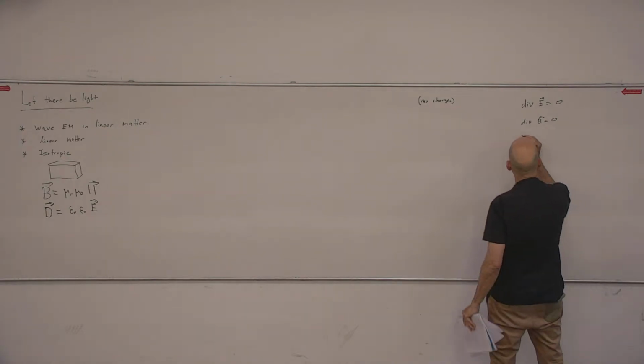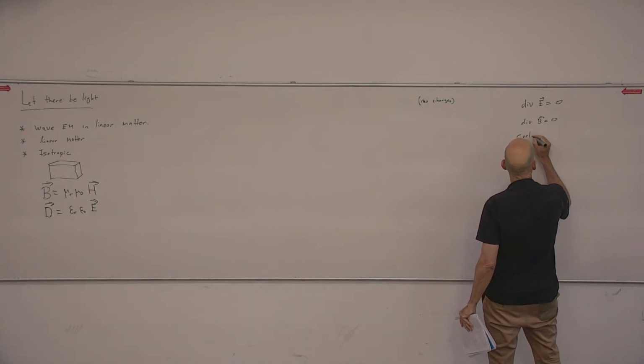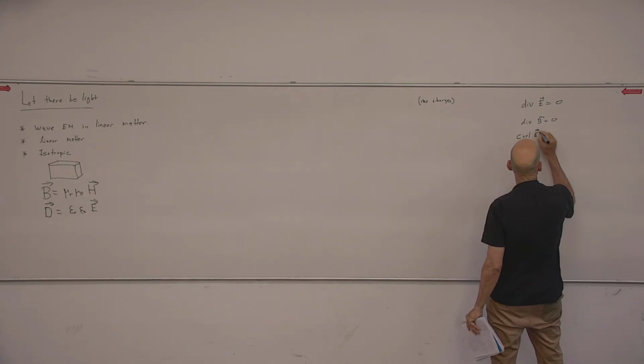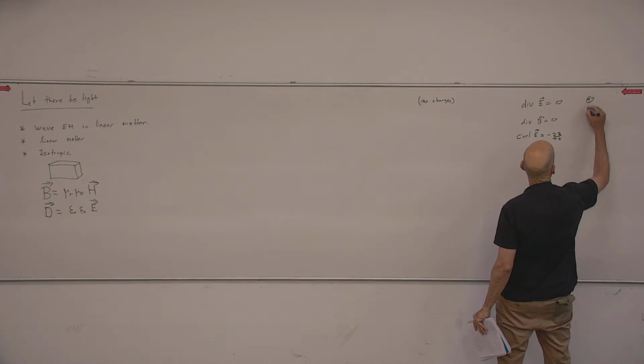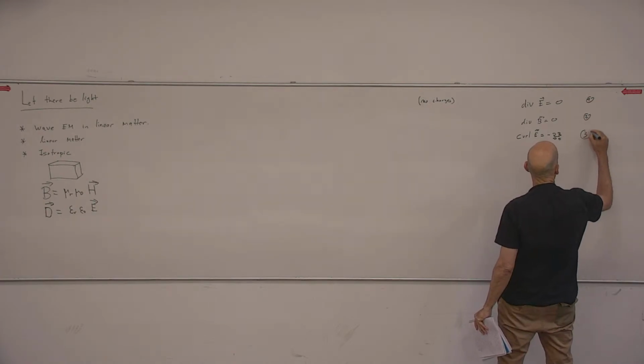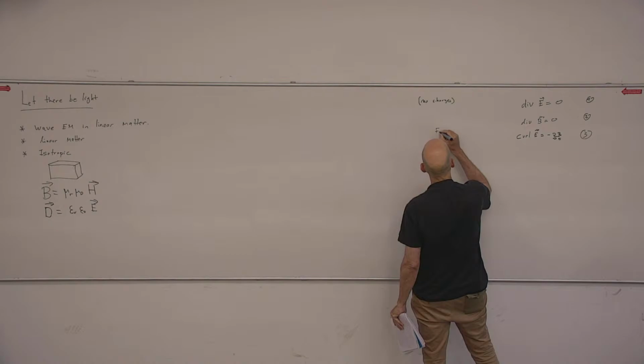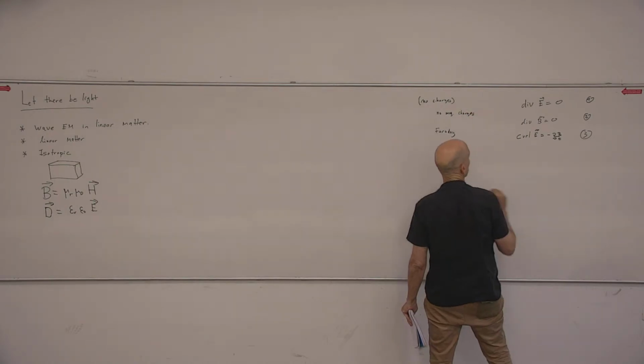Then we have curl E equals minus dB/dt. Okay, let's call this 1, this 2, this 3. This one is Faraday. No magnetic charges. Okay, this is a basic equation.